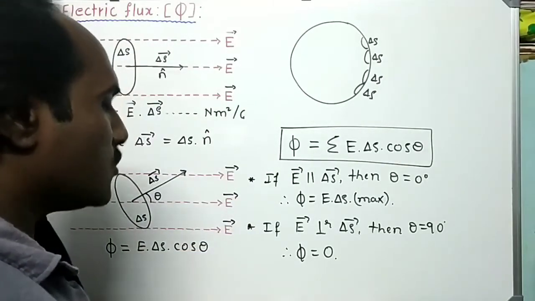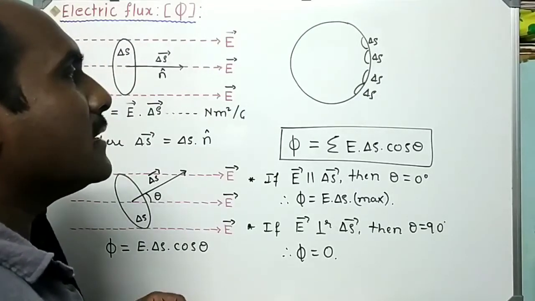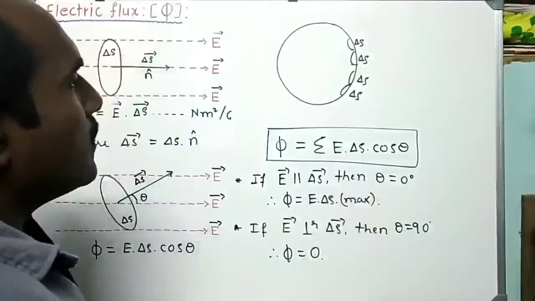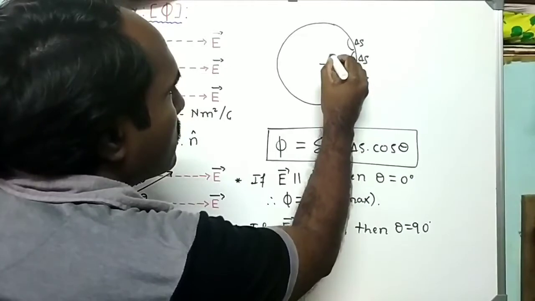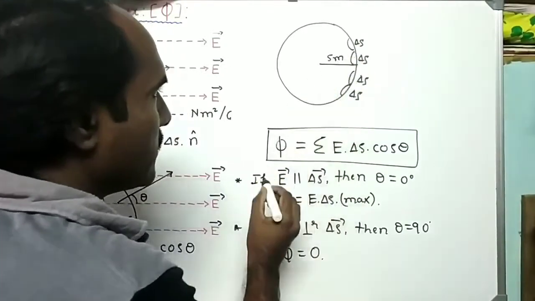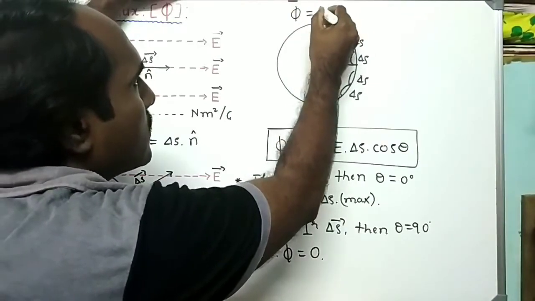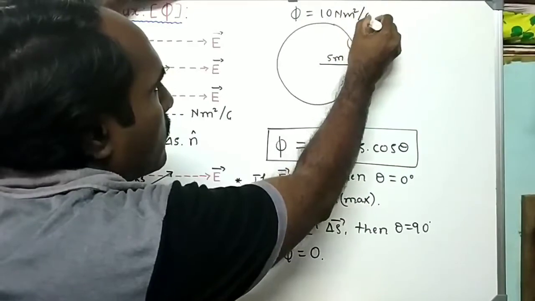And one more thing you should remember, that electric flux does not depend upon the size of the sphere. For example, if I consider this a conductor of radius 5 meter, let the flux on this conductor be 10 Newton meter square per coulomb.